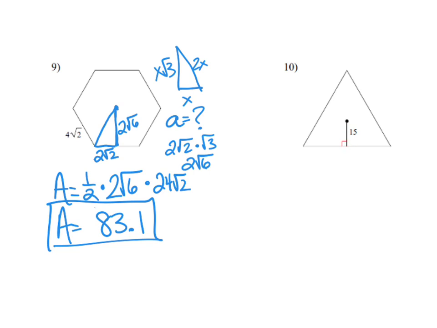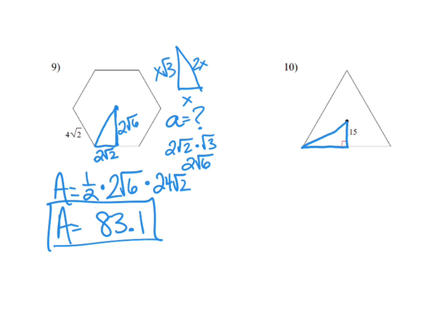If you will recall that in an equilateral triangle, we still get a 30, 60, 90, but it's laying over on its side. So when they give me the apothem here, it's actually the short leg. It's important that you have a nice, accurate looking picture because otherwise you lose track of which side's the short side and which side's the long side.